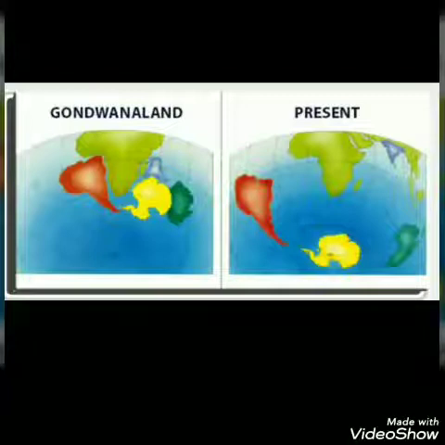The northward drift resulted in the collision of the plate with the much larger Eurasian plate. Due to this collision, the sedimentary rocks which were accumulated in the geosyncline, known as the Tethys, were folded in the form of the mountain systems of Western Asia and the Himalaya.